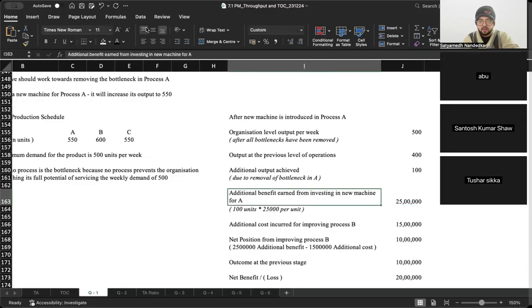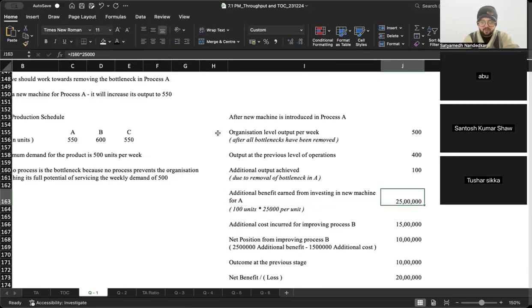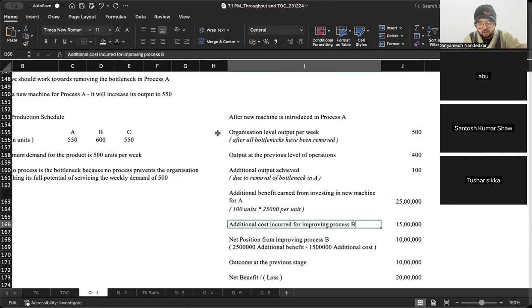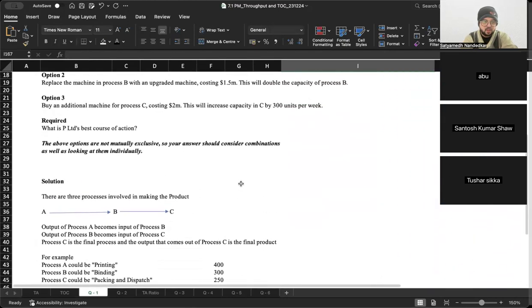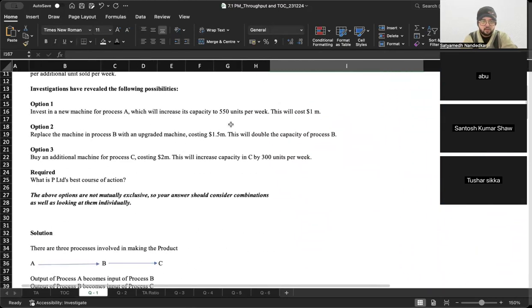You have earned 100 additional units into 25,000 per unit, that is 25 lakh. Additional cost for the new machine for process A is 1 million.